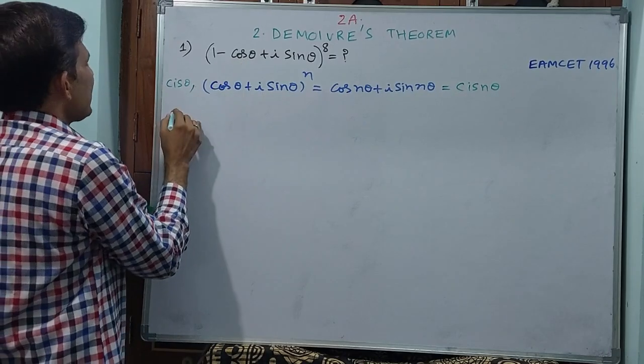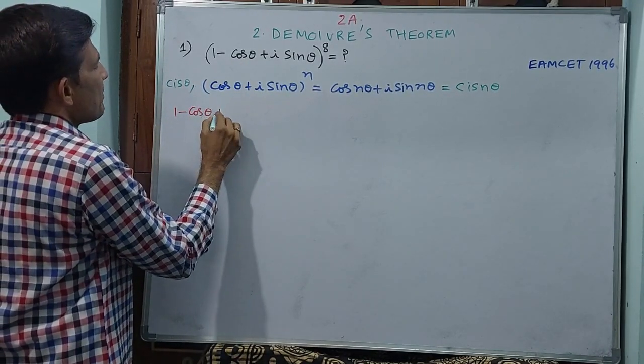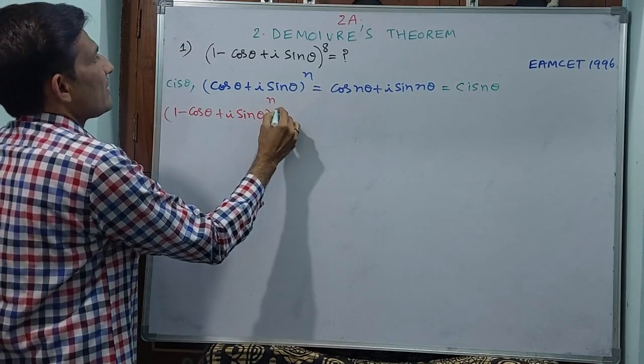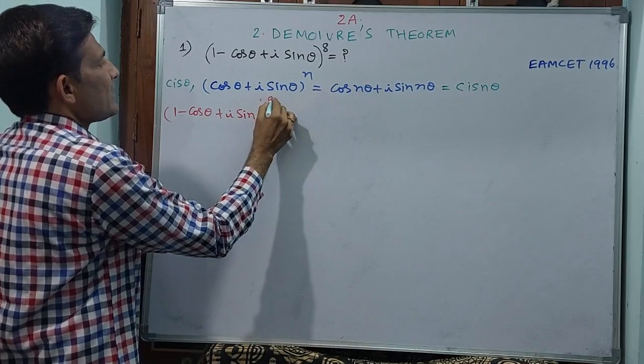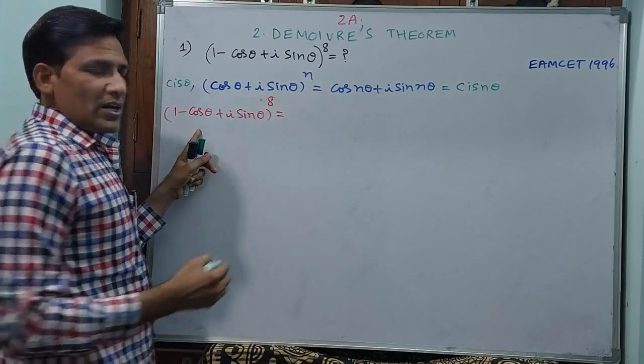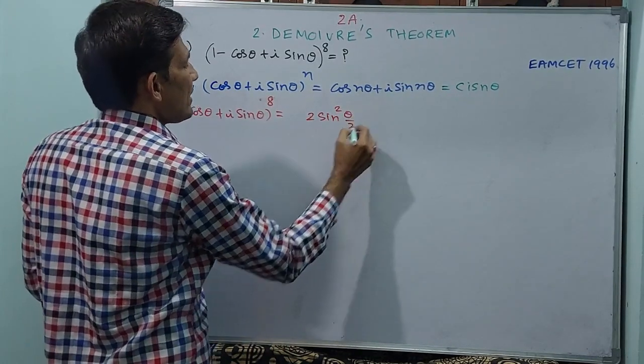Once again I will write this question and we will proceed. (1 minus cos theta plus i sin theta) whole to the power of n, here n is 8, is equal to, how I am changing, you see: 1 minus cos theta I can change as 2 sin square theta by 2.